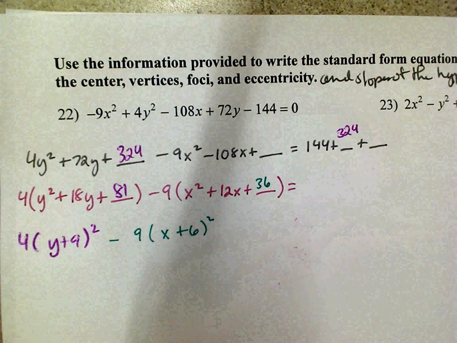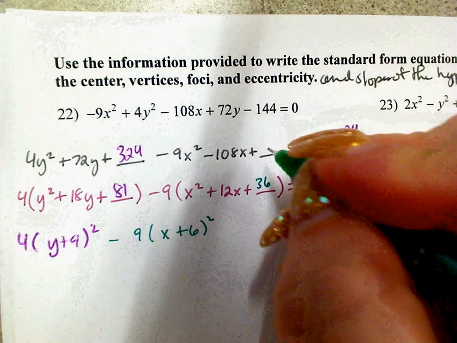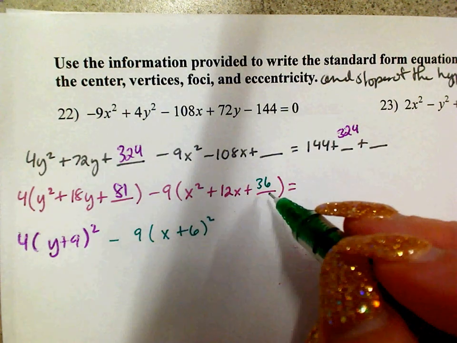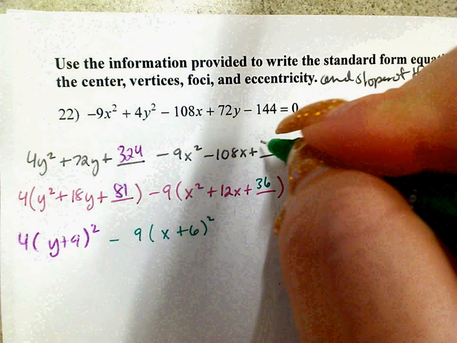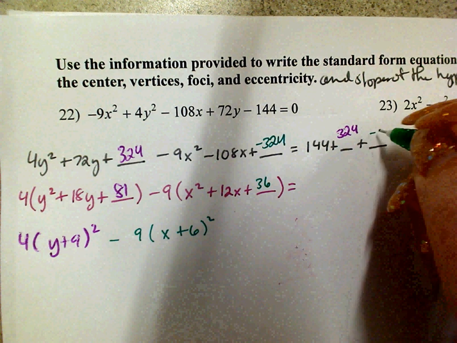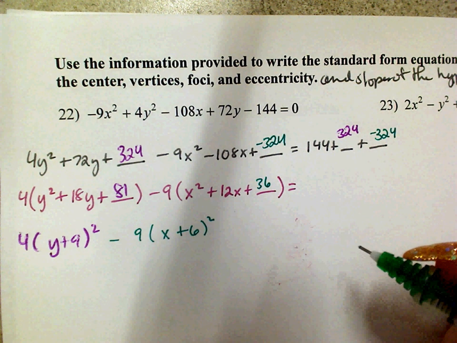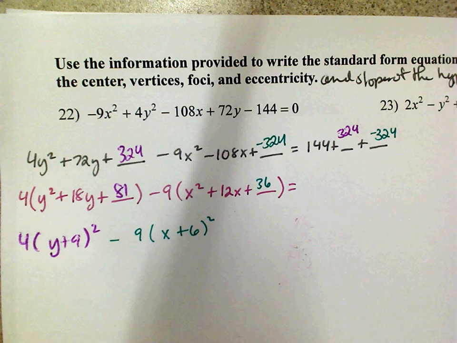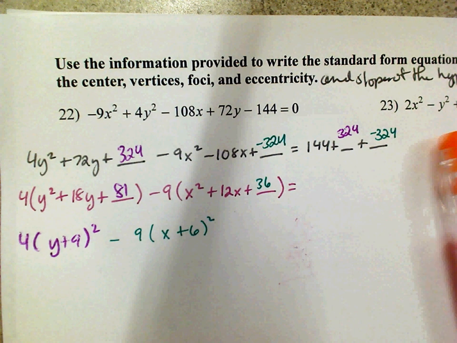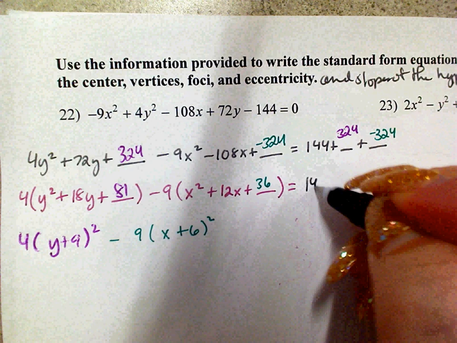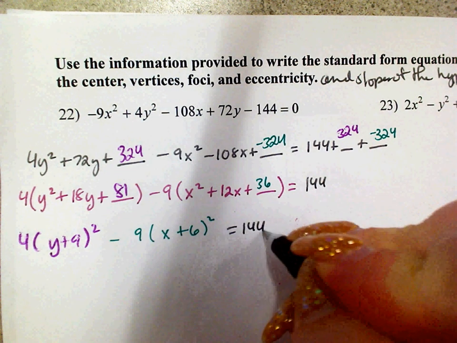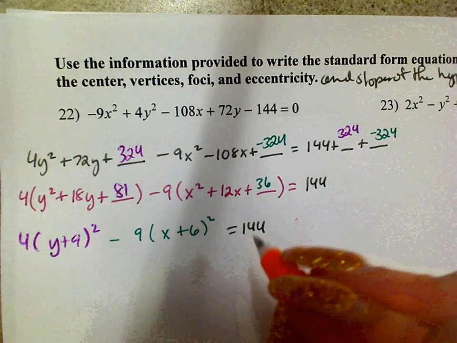Okay, so technically, I'm not adding 324. It's negative 9 times that, so I'm subtracting 324. Which is kind of nice because that means they simplify each other out. So we're just left with 144 still. So 144, 144. Then we're going to divide by 144 so we can set it equal to 1.